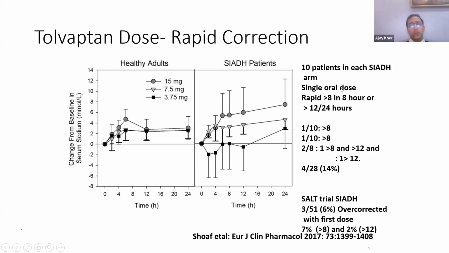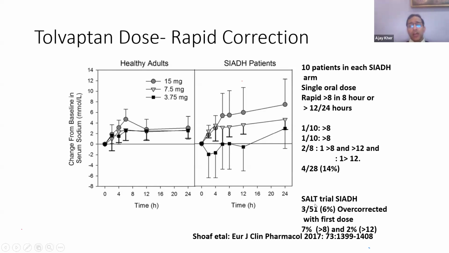A single oral dose caused a rapid increase of more than 8 in 8 hours or more than 12 in 12 hours in 1 out of 10 in each of these doses. So 1 out of 10 in the low dose, 1 out of 10 in the 7.5 dose, and 2 out of 8 in the higher dose. So for a total of 4 in 28.